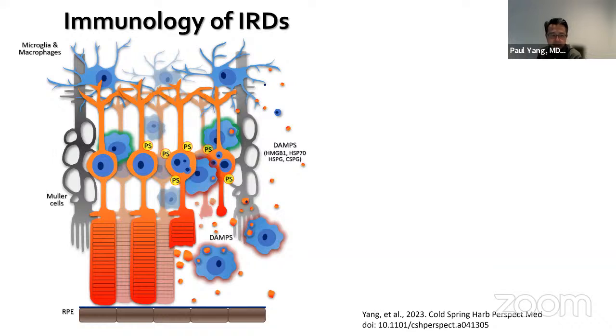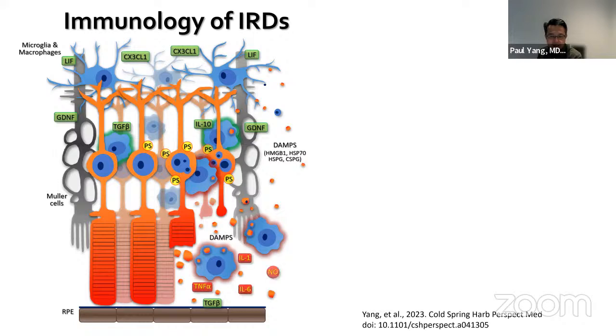So that's the innate immune response. And it's modulated by many intracellular signals. Neuroprotective factors such as TGF-beta, IL-10, as well as chemokine fractalkine, which is CX3CL1, as well as glial cell line-derived neurotrophic factor, GDNF, and leukemia inhibitory factor, LIF.